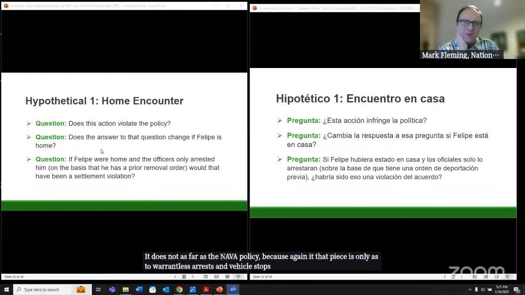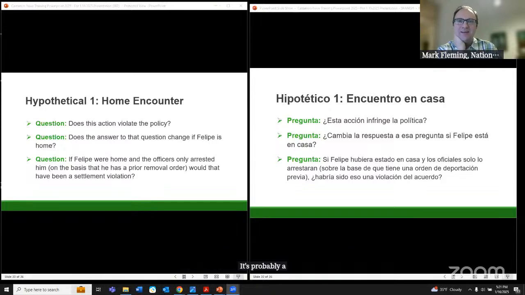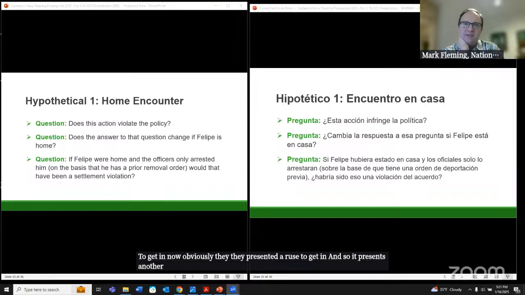However, as a lot of people pointed out, it's probably a bad idea just to let them in. They needed a judicial warrant to get in. Now, obviously, they presented a ruse to get in, and so it presents another problem, but that piece is not a violation of the policy.